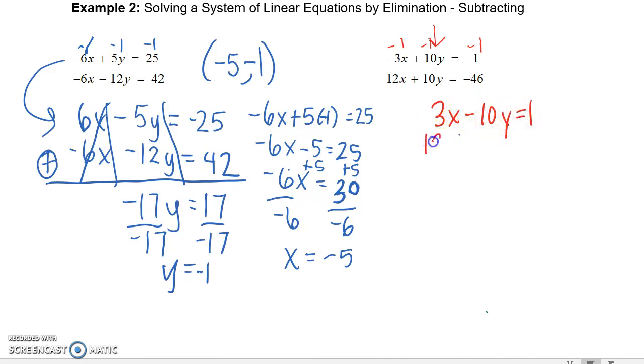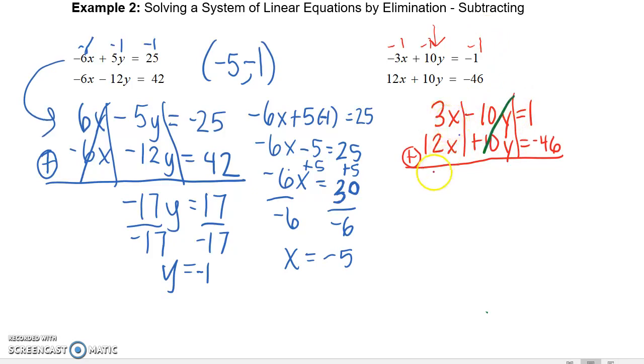And the other equation is 12x plus 10y equals -46. So if you look closely, the y values are opposites, so I can just eliminate those.